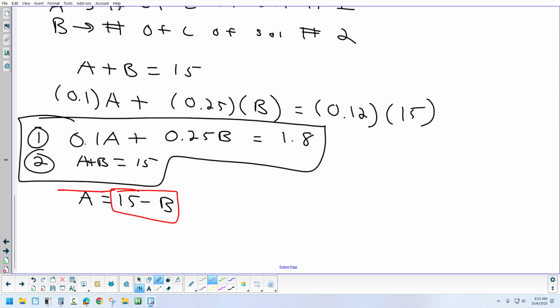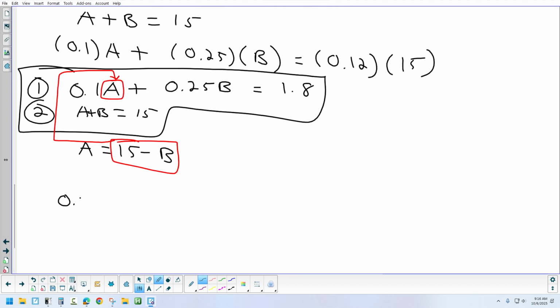Yeah, we're going to take this, and we're going to fill it in parentheses right there. So change A to what we just said A equals, 15 minus B. If we do this step right, when we're done, the only letter left in the top equation is going to be a B. Shouldn't be any A's left.